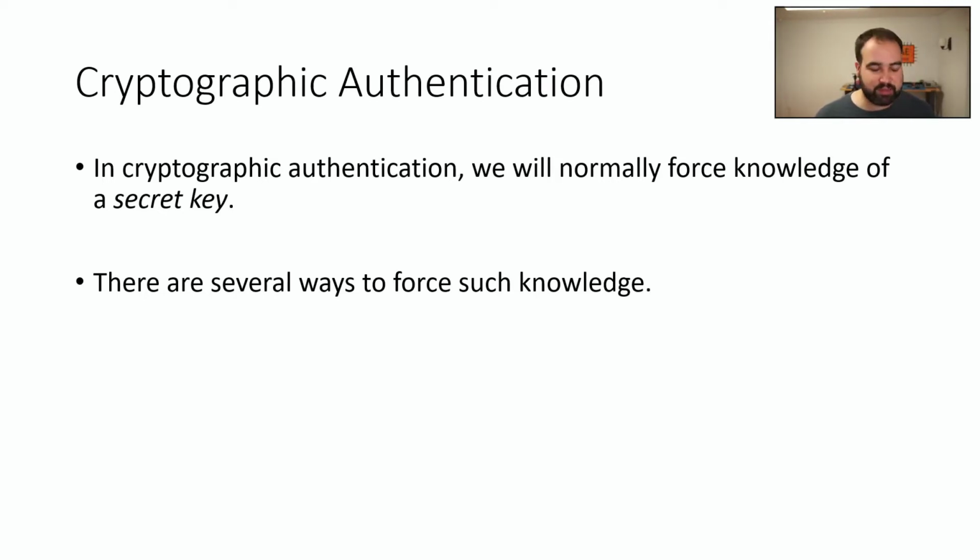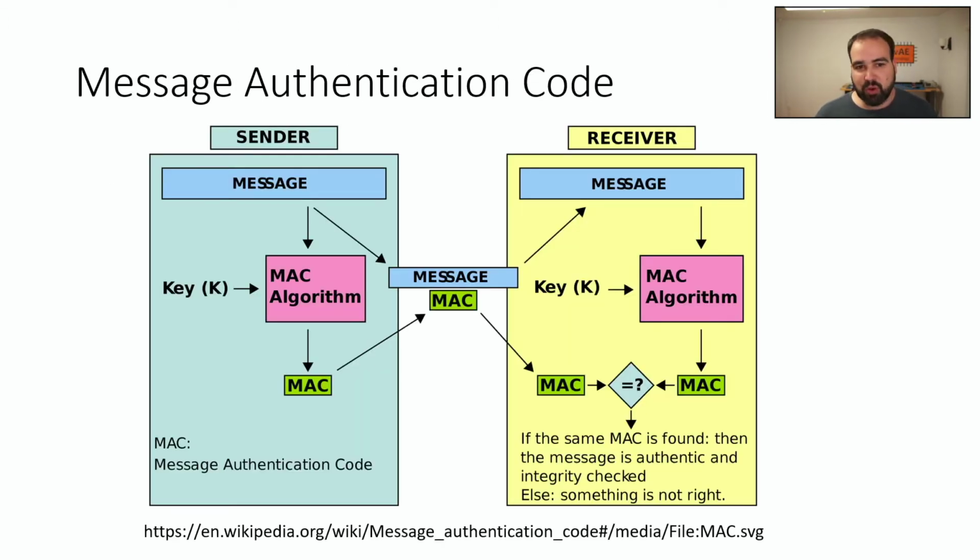And there's multiple ways this is done. The two we're going to look at, so the first one is called a message authentication code, or MAC. Basically what we have is an algorithm that the sender is going to perform on the message or the data, and this algorithm is often very similar to some of the symmetric cryptographic algorithms we're going to talk about.